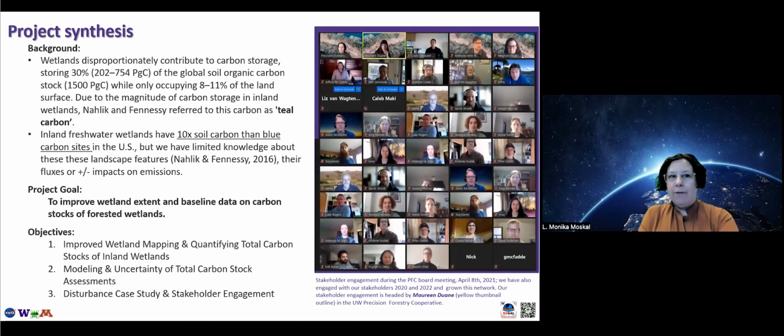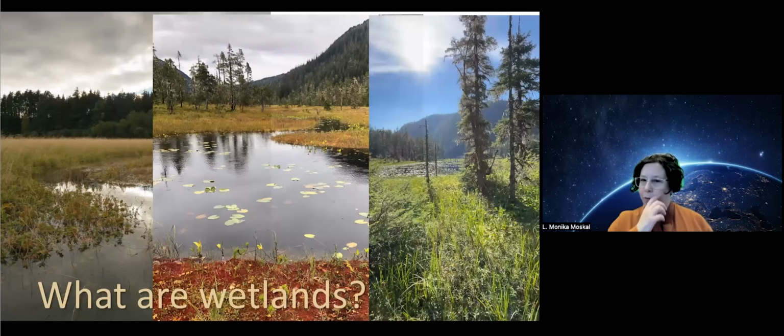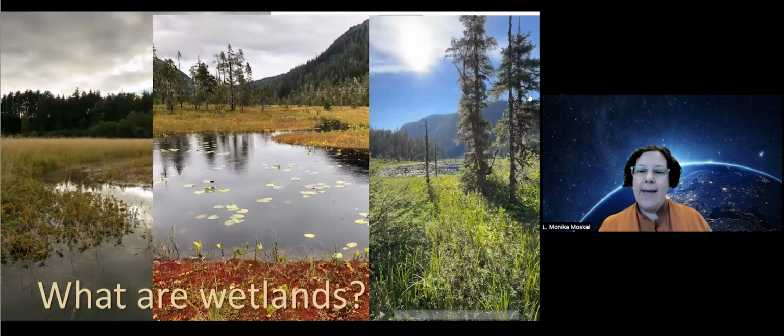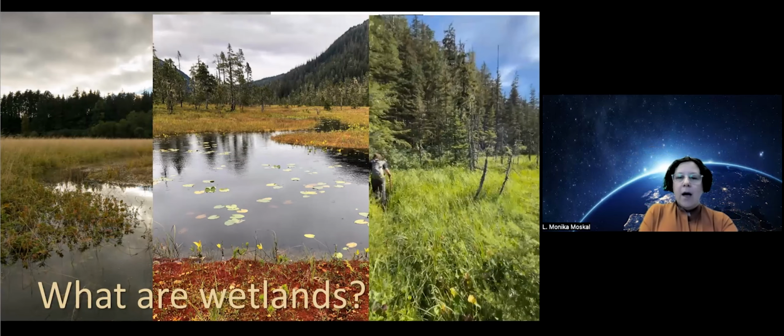So the goal of that first project was to improve wetland extent and baseline data carbon stock collection. And we had a few objectives to do that. Let me walk you through it. Now, when I say wetlands, I don't mean the policy defined wetlands.